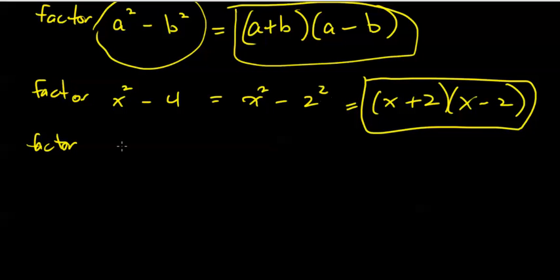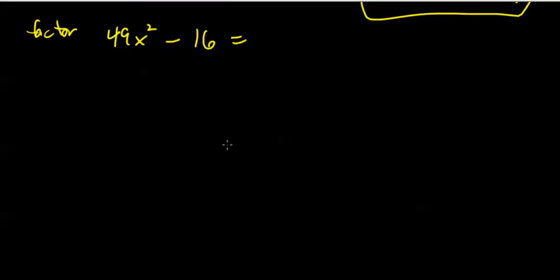If I ask you to factor this binomial, well, I think we can recognize this as a difference of squares pattern without too much arguing. 49 is a square. It's a perfect square of 7. x squared is, of course, the square of x, and 16 is, of course, the square of 4.